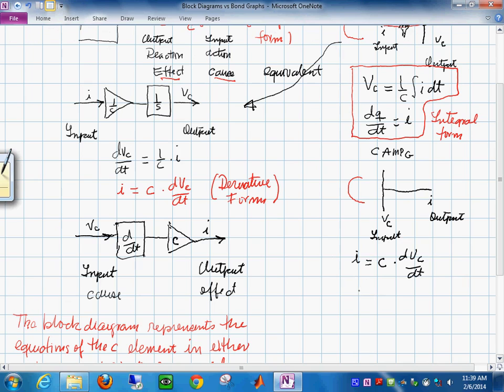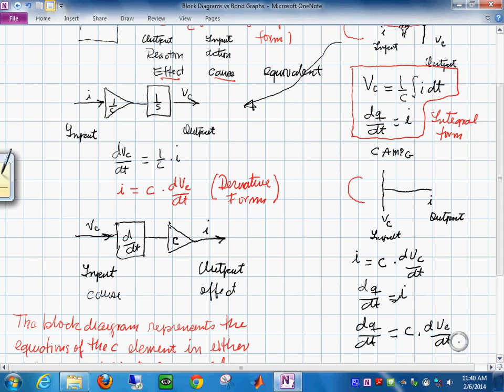But since dQ dt is equal to I, it follows that dQ dt is equal to C times dV dt.